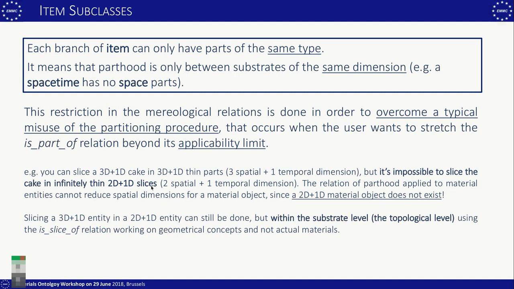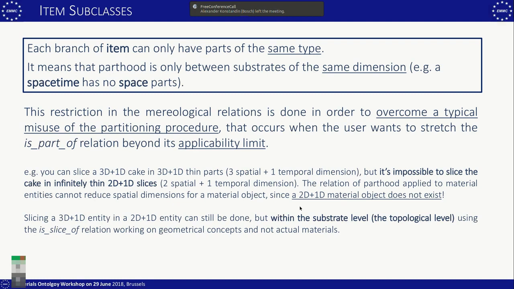So in the EMMO, materials are always 3D plus 1D: 3D in space and 1D in time. If you want to slice your cake in 2D plus 1 slices, then it is no more a cake. It's a region of space, which is a slice of space-time that you use to define a place, but not a material.